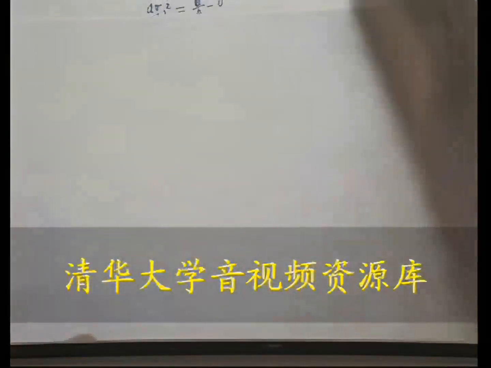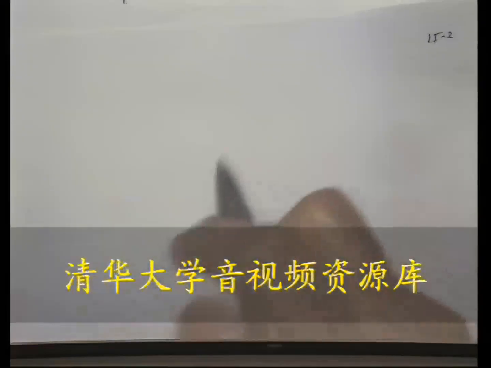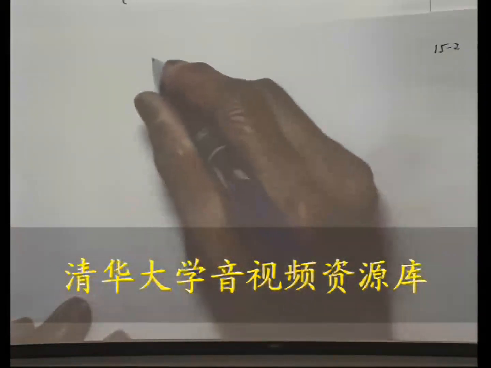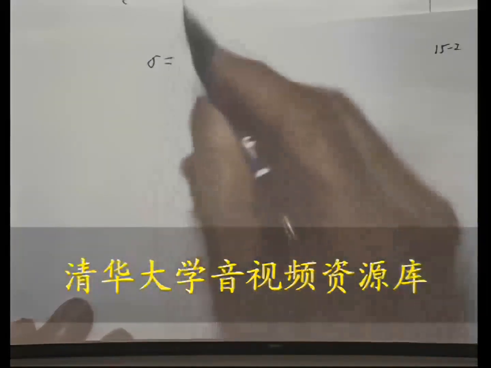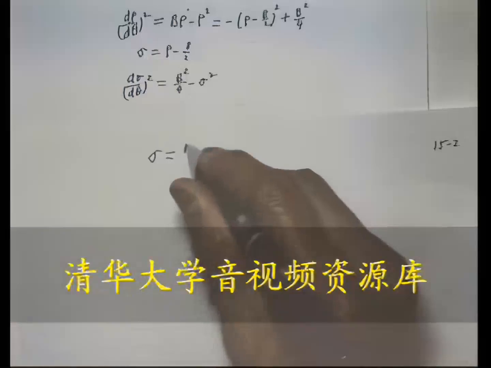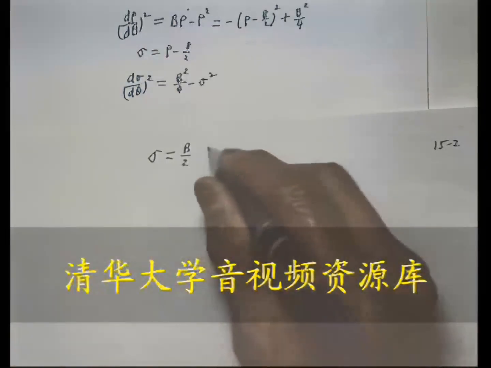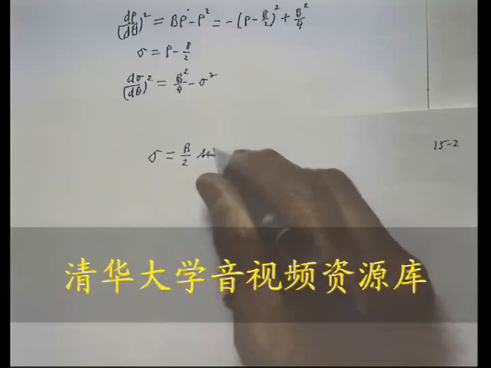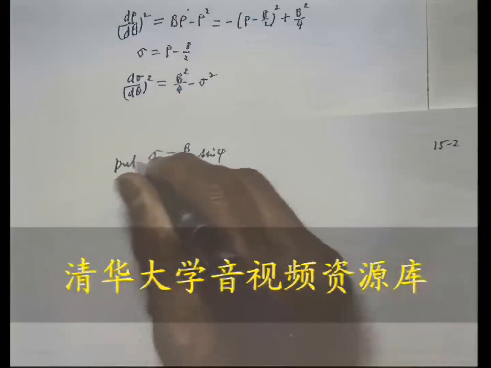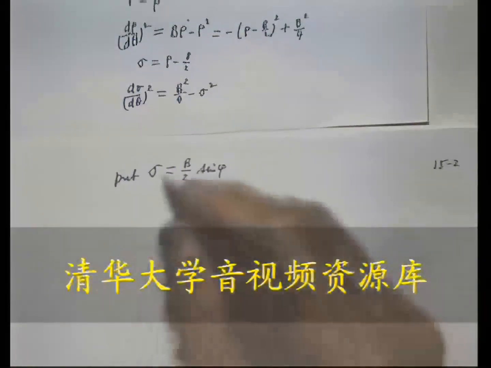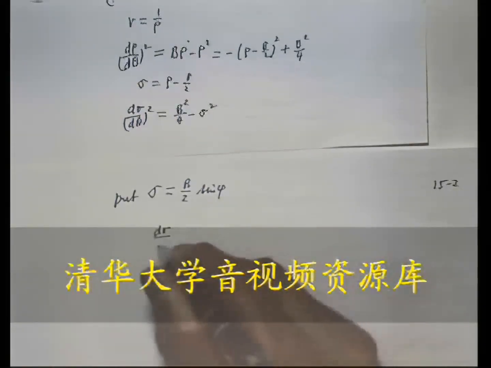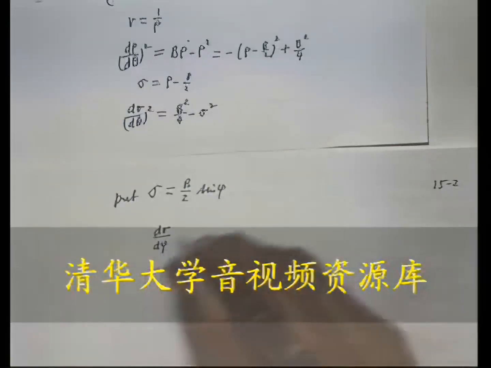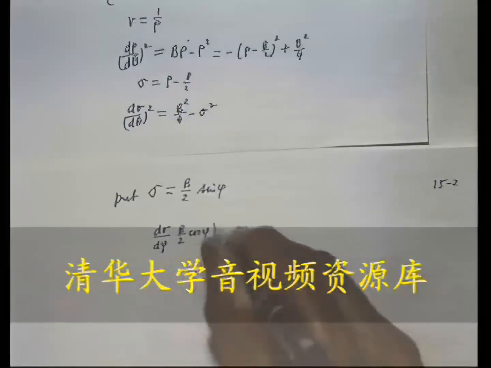So this is very similar to what we have, and we put sigma. Whenever you see an equation like this, you know you should put sigma equal to b over 2 times sine phi. If you substitute that, you get d sigma d phi times b over 2 cosine phi.